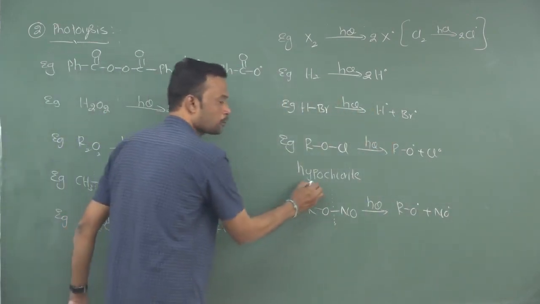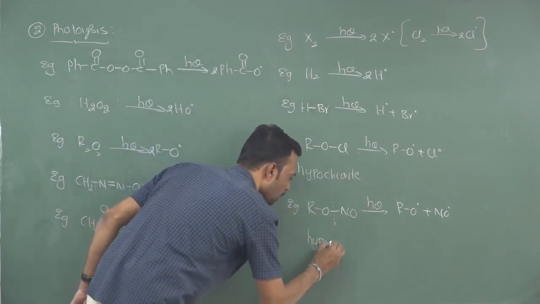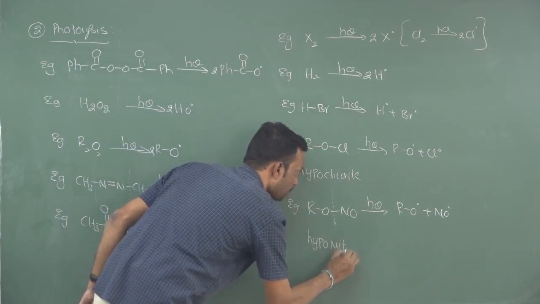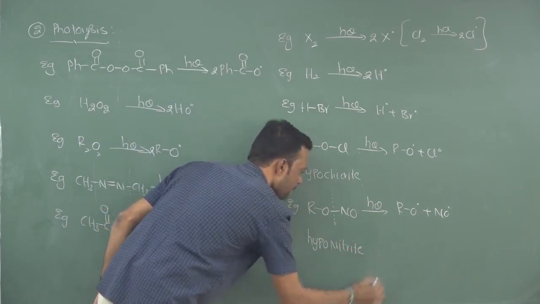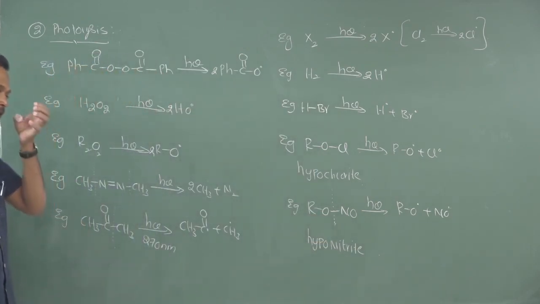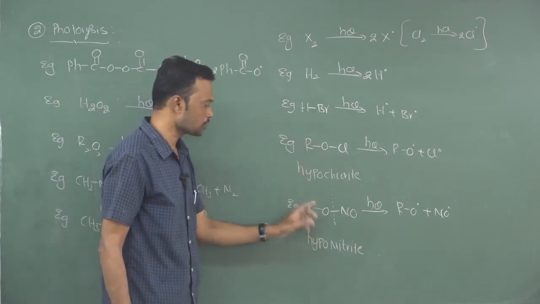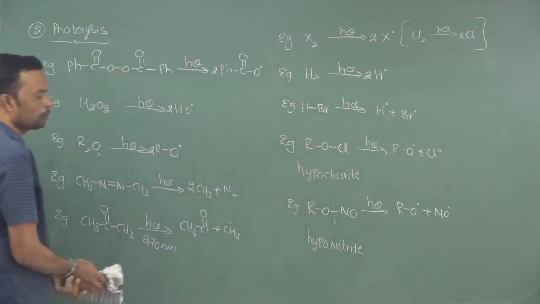This is alkyl hyponitrite, this is chloride, and this is nitrite. Hypochlorous acid, you know, HOCl, is nothing but hypochlorous acid, whose corresponding derivatives are hyponitrites and hypochlorites.